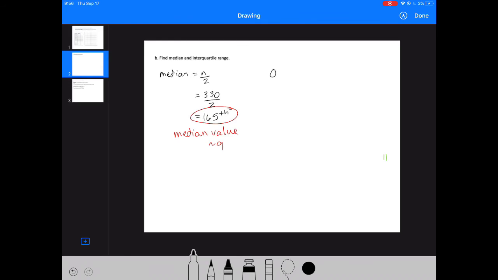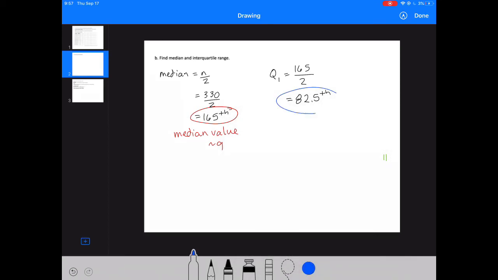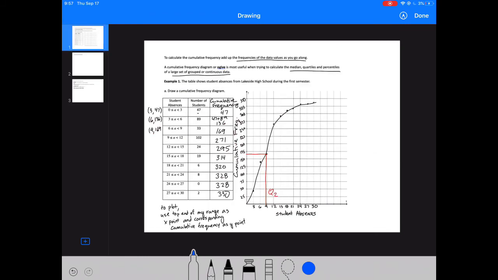Now we can do the same thing. Let's do Q1 next. So 165 divided by 2, because we're looking for the median of our lower half. This is going to give us about our 82.5th term. I'll do this one in blue. I'm going to go back to my graph.